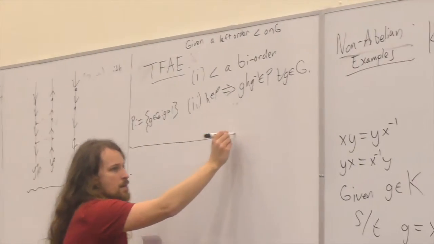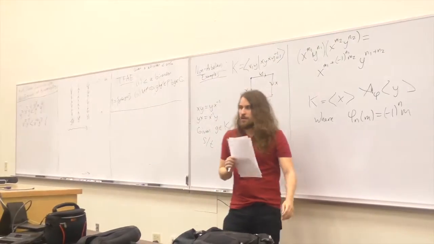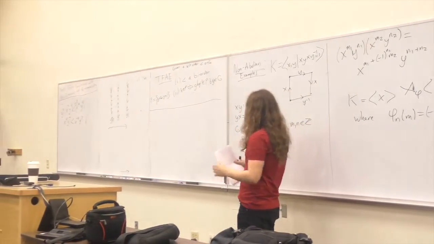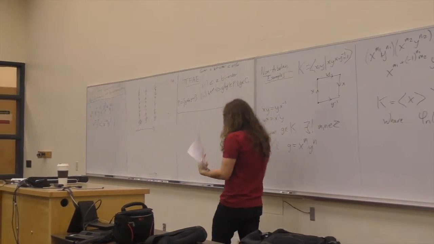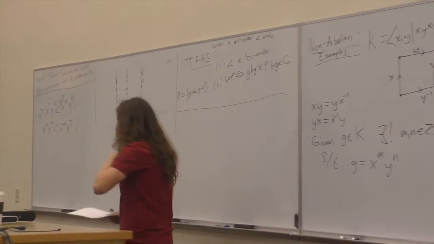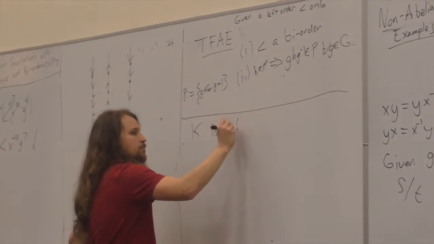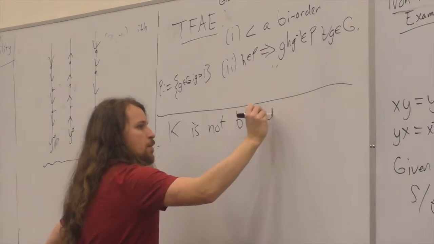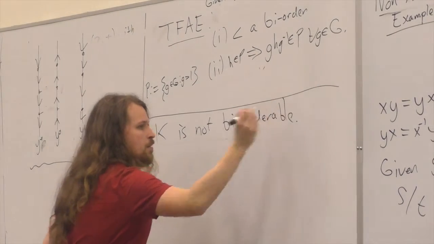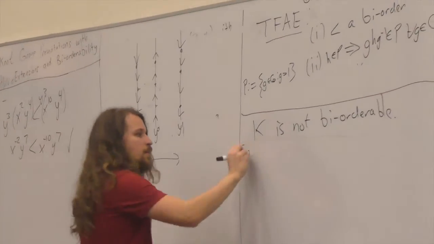Okay? So I should argue that any arbitrary left order on the Klein bottle group can't be a bi-order. So suppose we have an arbitrary order.